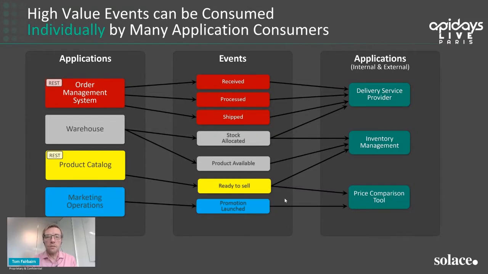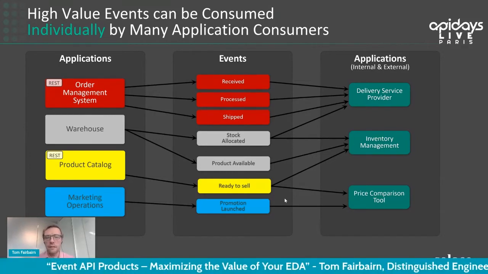And you can extend this down. So for instance, our price comparison tool is probably interested in new products and promotions. So you can hopefully see that as you progress towards the right here and you start thinking about things from an application consumption point of view, you're going to start bundling these events together.